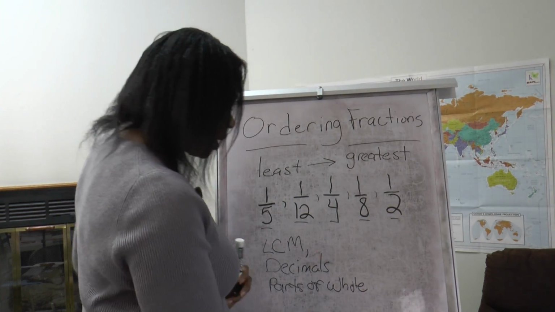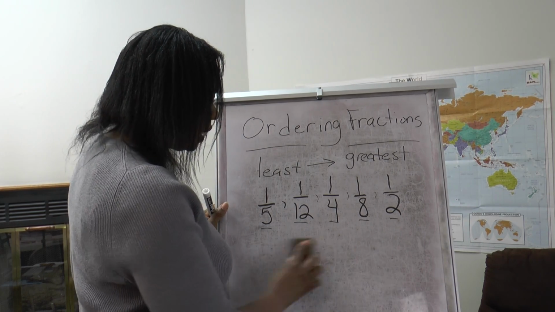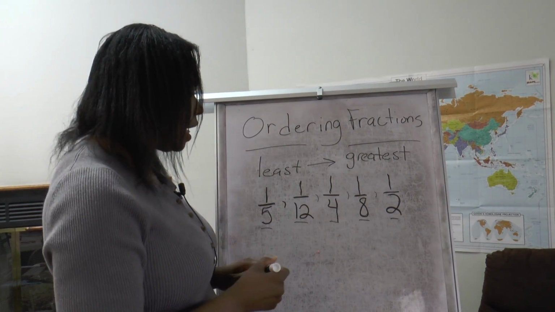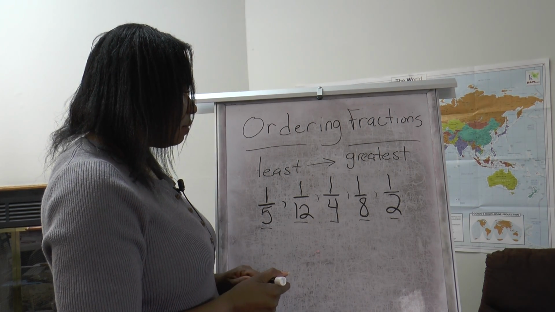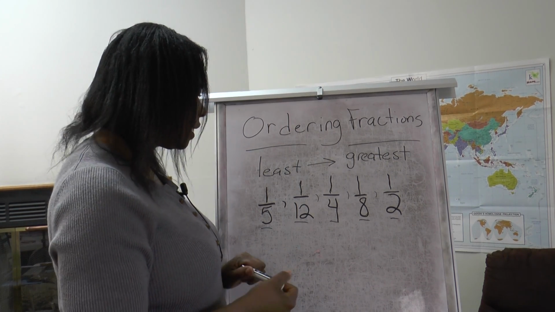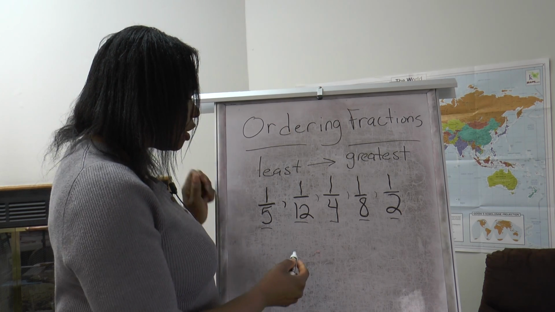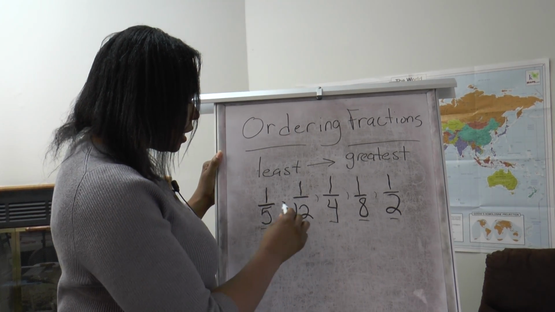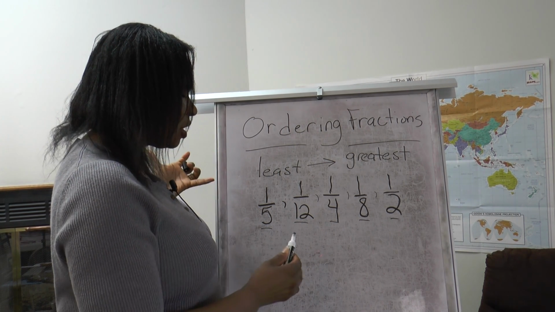So I'm just going to erase this so that we can work with this. So remember, our plan is to go from least to greatest. So when you look at parts of a whole, you're looking at the smallest one. What is going to be the first one that is the smallest out of all of this? And usually you want to look at the denominator, of course, but you want to look at how many parts there are.